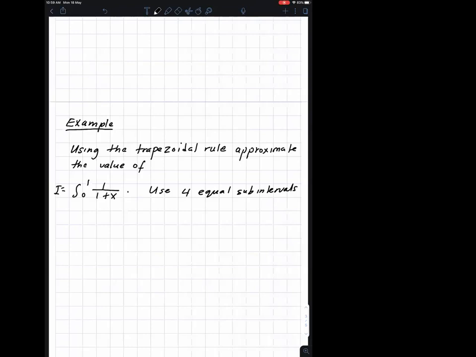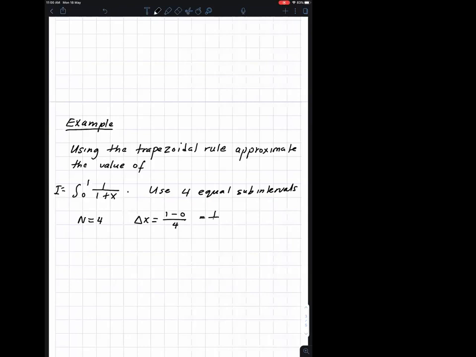Using the trapezoidal rule, approximate the value of the integral from 0 to 1 of 1 over 1 plus x. You can use 4 equal subintervals. So 4 equal subintervals, therefore n equals 4. The step size can be calculated by taking b to be 1, a to be 0, then divided by n, the number of subintervals.